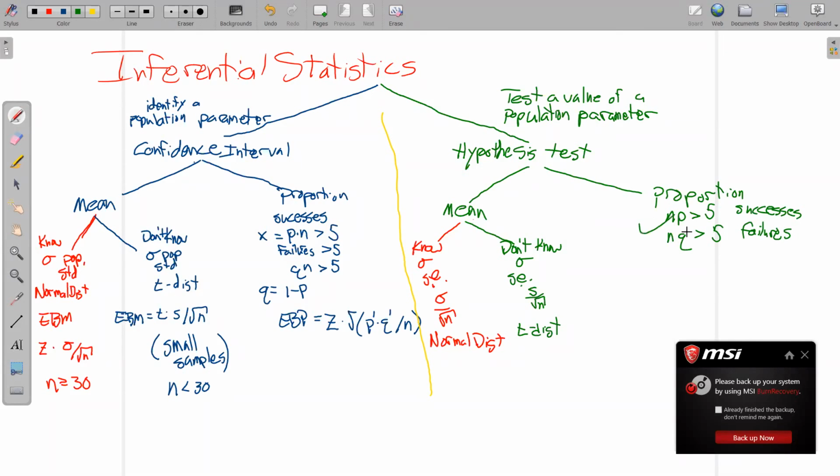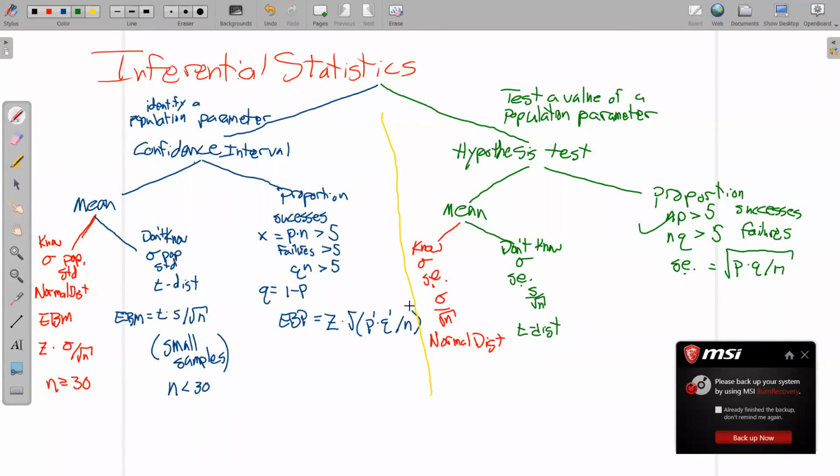So if that's true, if I can check off those boxes, then I can proceed. And then here, I need to know the standard error. And in this case, the standard error is going to be P times Q divided by N, and all of that is in the square root.